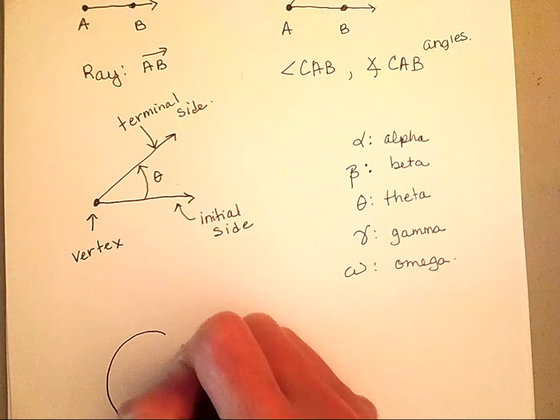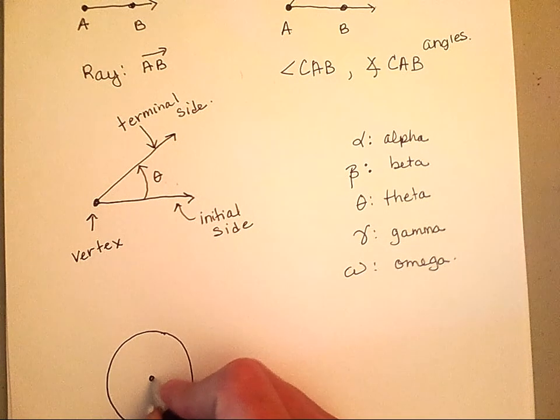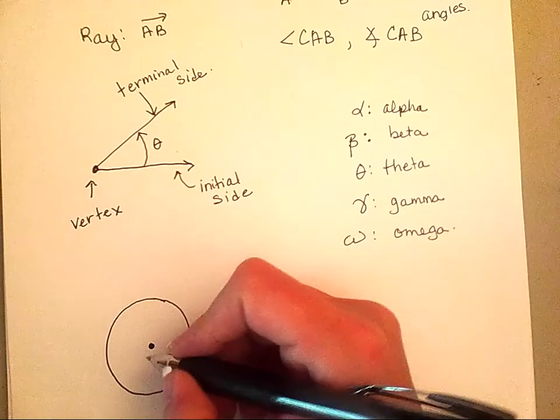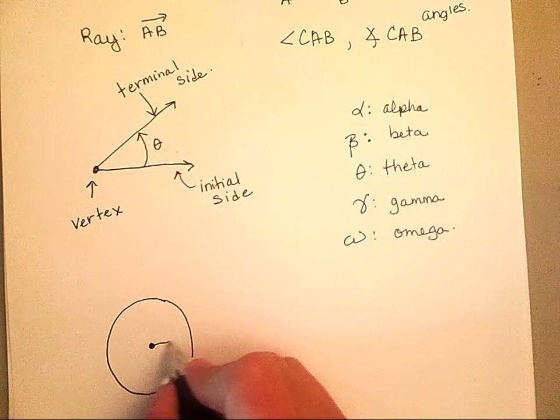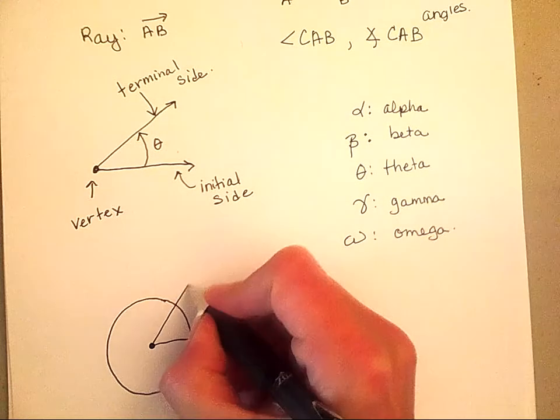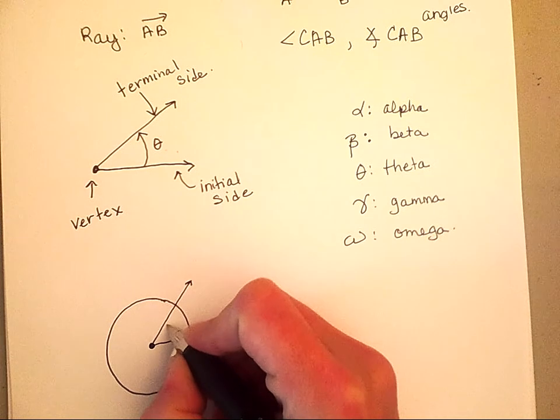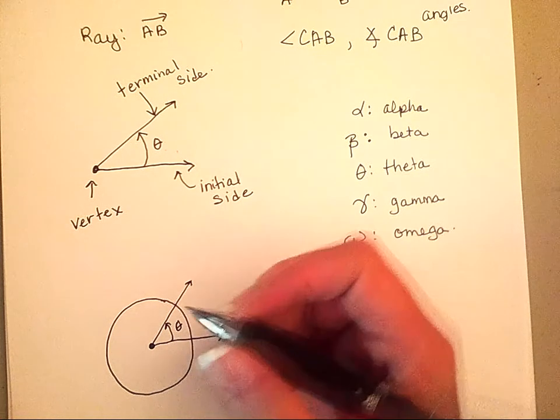Now, in a circle, if we have the center of the circle, we could put any angle inside of it. So let's say here's our angle theta.